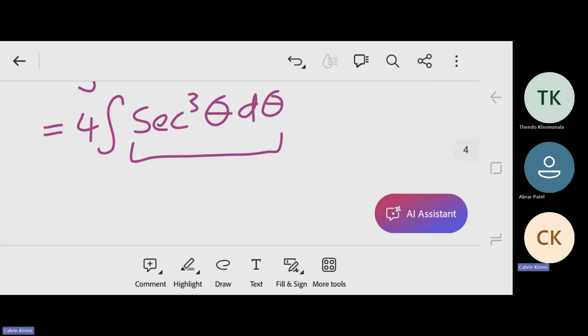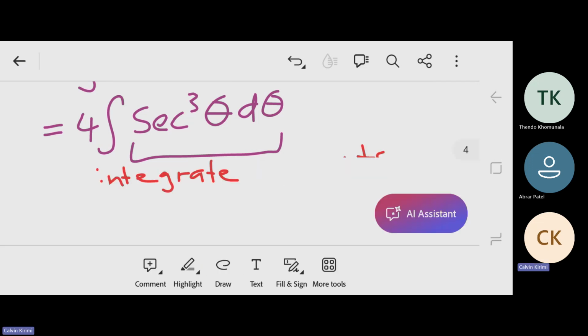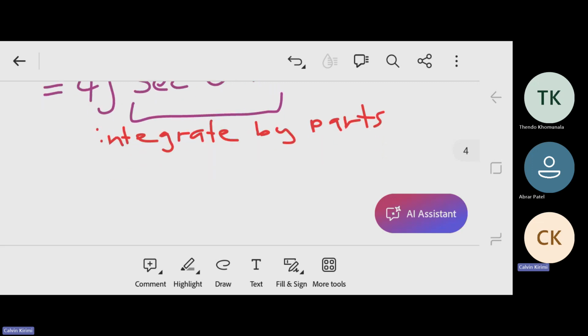So while we're integrating by parts, we'll be recapping the integration by parts. Integration by parts. So we'll split that into an even and odd function.